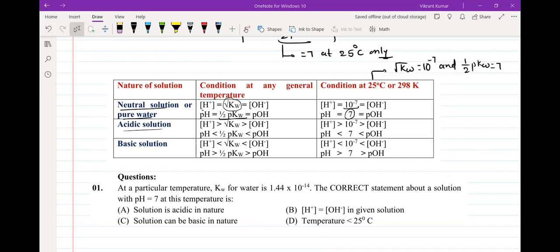Harsh has got the answer. Okay. Sir, is it C? Okay, Anurag has got the answer.